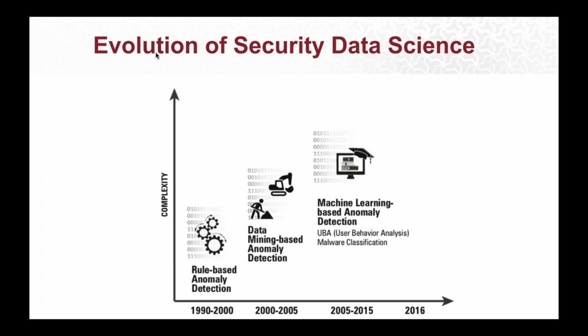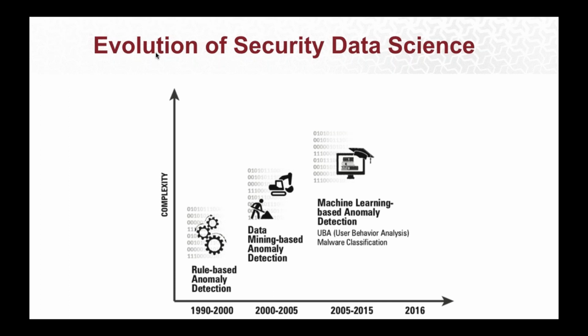If there is any deviation from the baseline, trigger an alarm. That was predominant till around 2015, and it is still used very heavily.